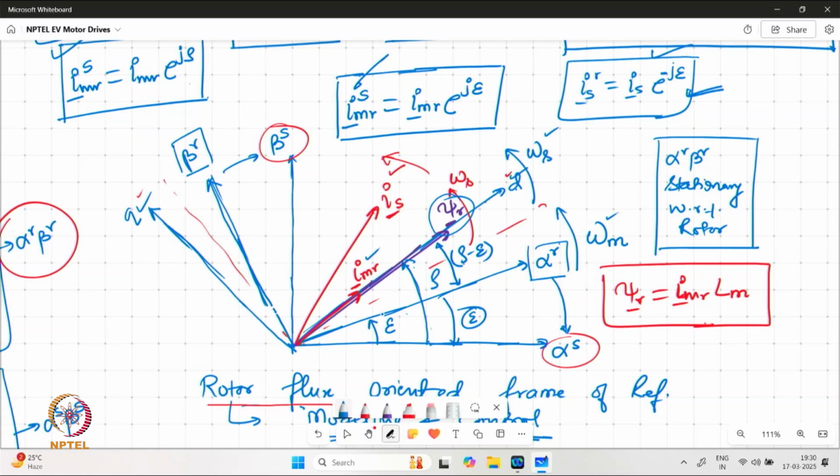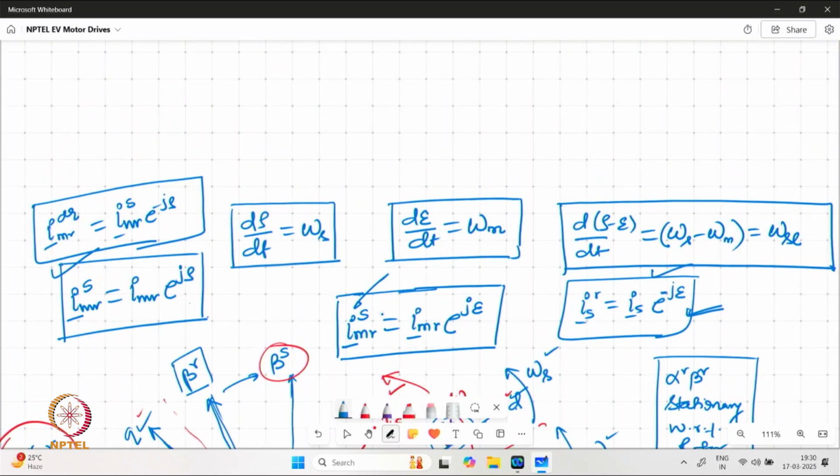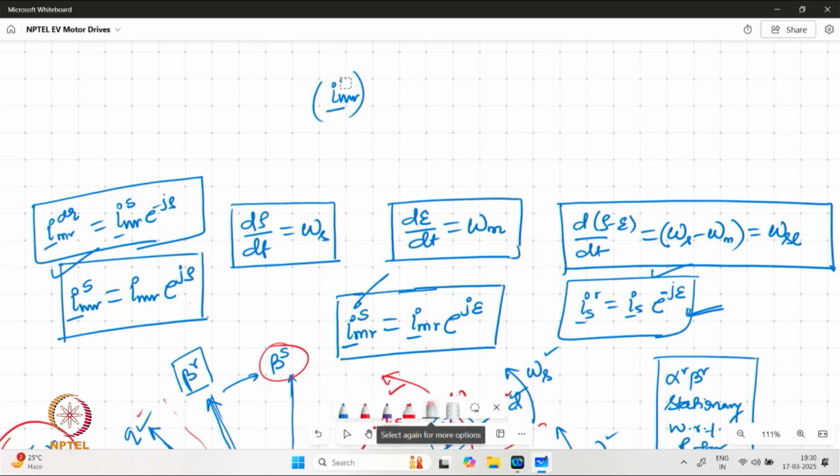So this vector IMR in the DQ frame of reference, so perhaps a DQ superscript can be written over here, is nothing but just the magnitude IMR, only the real component associated with this vector.